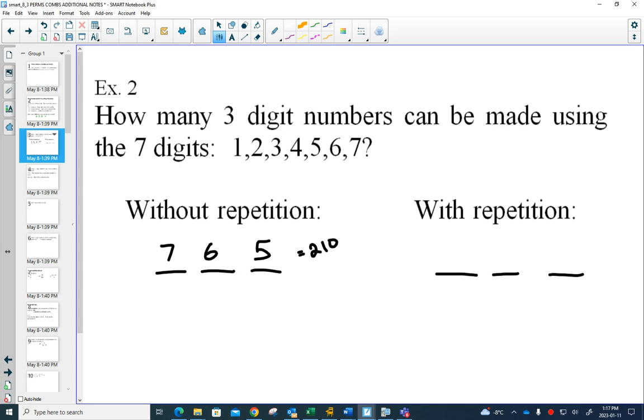If you were allowed to repeat, in other words, you take the 7 or any number and it's still there as a choice again, you'd still have 7 choices, but then you would have 7 again and then 7 again for 343 choices. So obviously there would be more if you're allowed to repeat compared to not being allowed to repeat.